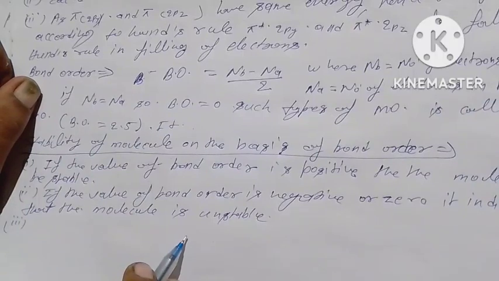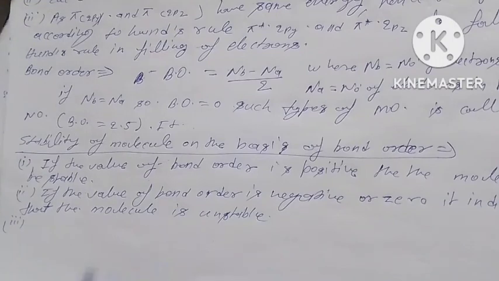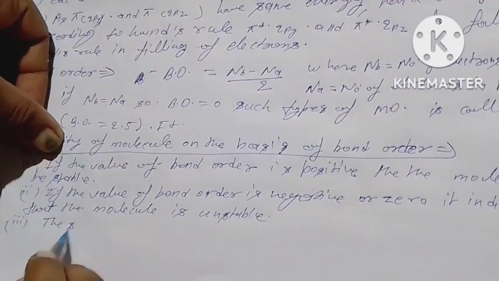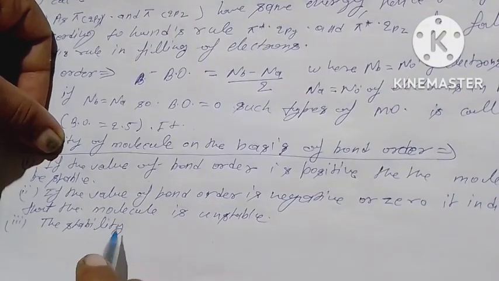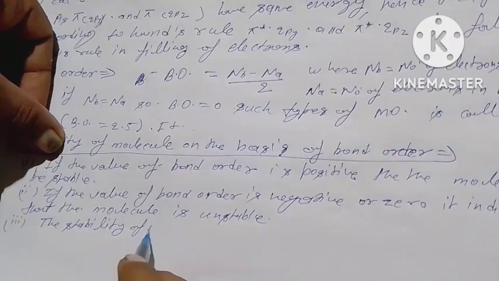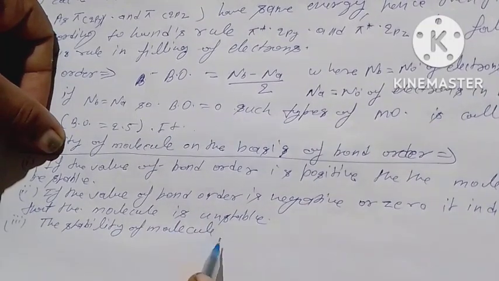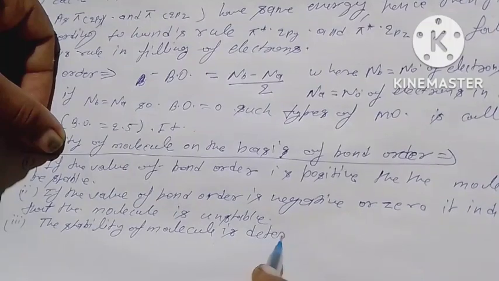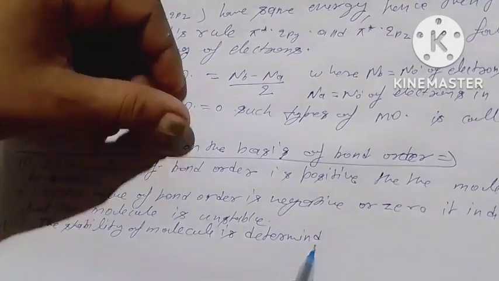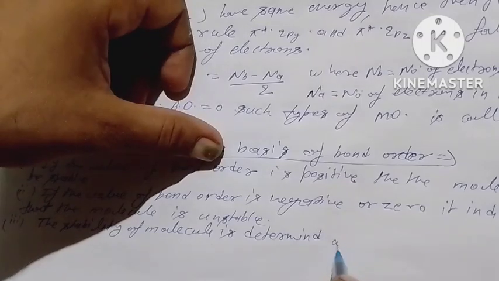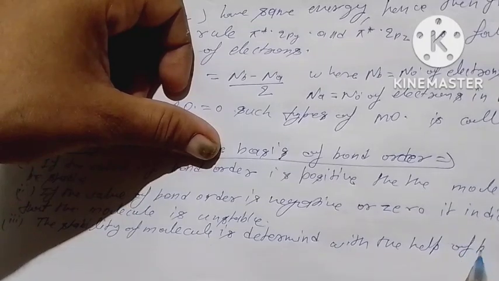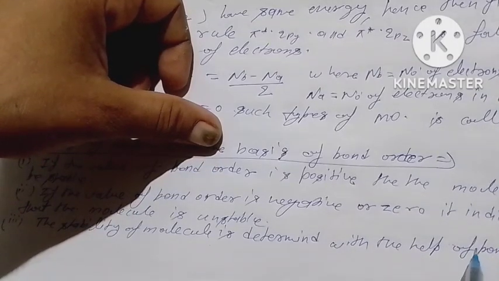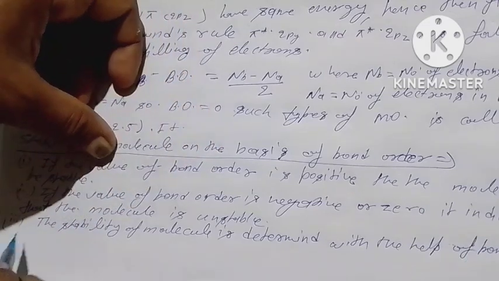Third point. The stability of a molecule is determined with the help of bond dissociation energy.